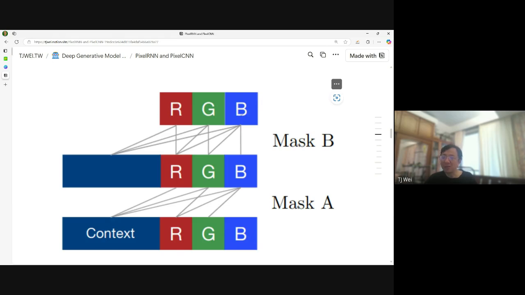So there are two choices: we can consider RGB together, or consider them separately. If we consider them together with the discrete approach, we would have 256 times 256 times 256 possible situations.